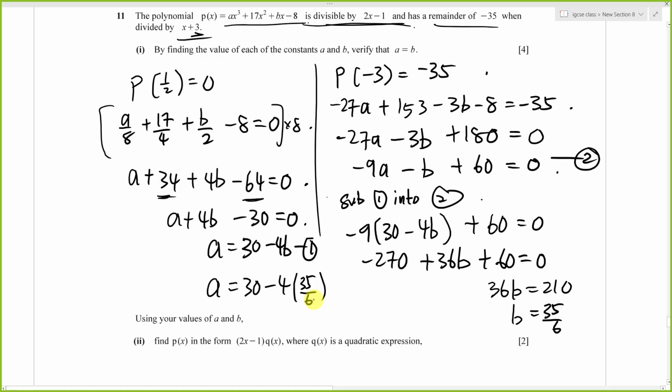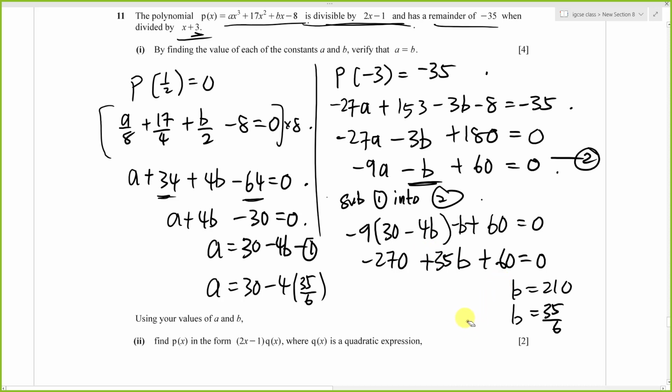Don't tell me I made a mistake again. Yeah, I forgot about the 1 minus b here. Where did the minus b go? Okay, so 36b will be 35b. This one will be 35.